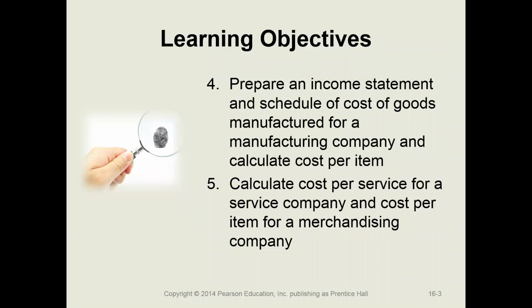We're going to see how we prepare an income statement and a schedule of cost of goods manufactured for a manufacturing company, and then calculate the cost for each item. And for service companies, we're going to calculate what the cost is for providing a service, and also the cost for providing items for a merchandising company.